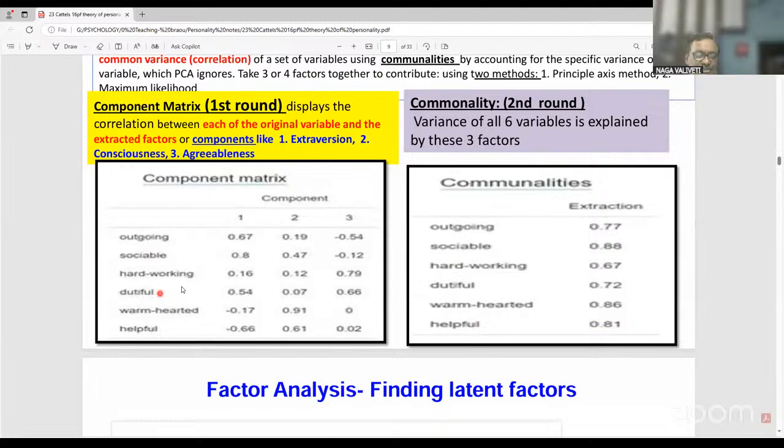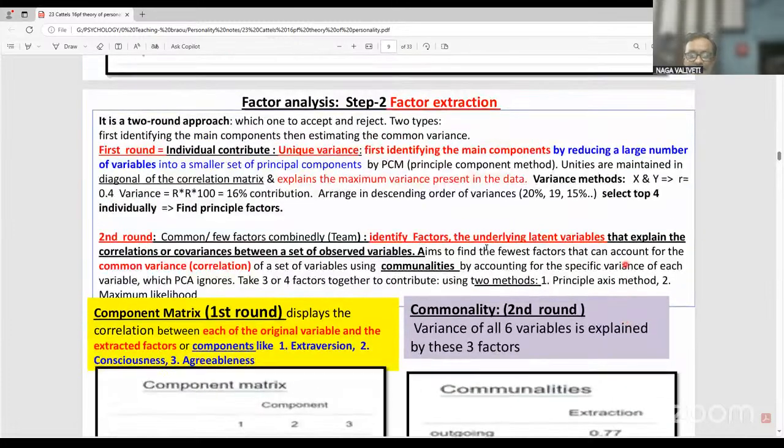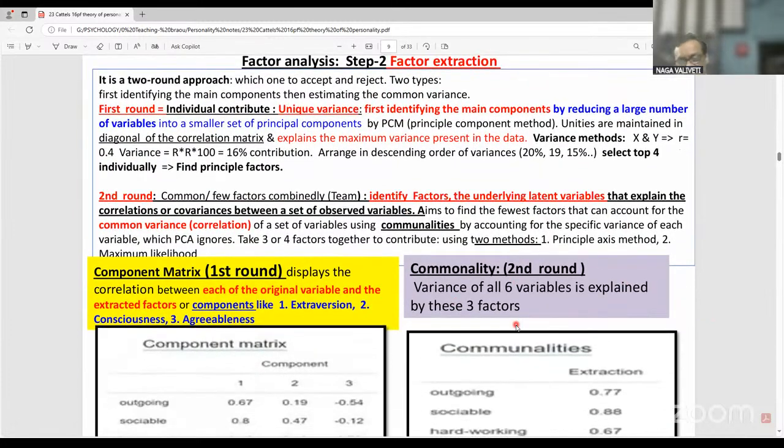Just for understanding, I put them here to show how factor analysis works. For agreeableness, these 2 are coming close. Sorry, I think I got it reversed. These 2 are high, and this is agreeableness. Agreeable people are helpful and warm-hearted. We have to replace that. Sorry for the little confusion.